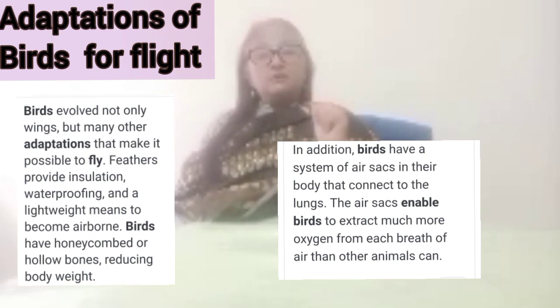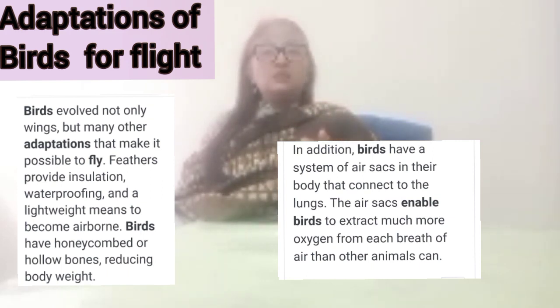Now let us see the adaptations of birds. First of all, they have wings for flight, and they have powerful flight muscles which help them to keep on flying. Bones are hollow or pneumatic bones which reduce the body weight.